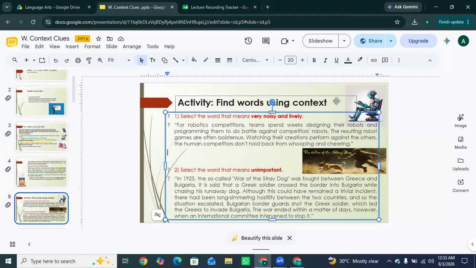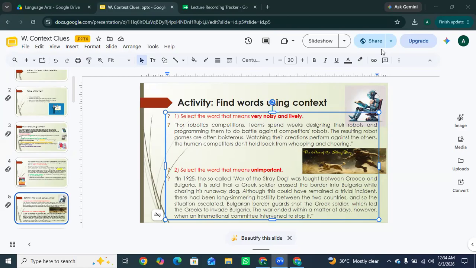The resulting robot games are often boisterous, with spectators watching their creations perform against the human competitors and not holding back from whooping and cheering. So the answer is boisterous, which means very noisy and lively. Why? Because of "don't hold back from whooping and cheering," plus the competition is noisy, energetic, very busy and lively.